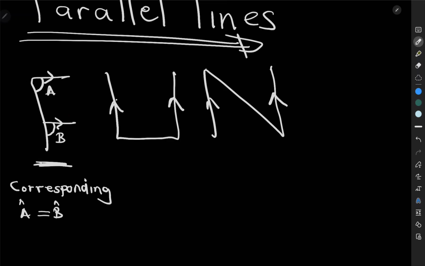Okay, so with U, it's different from corresponding. With U, what we basically need to assume is that this angle and this angle right here are supplementary. The reason for that is because they are co-interior angles.